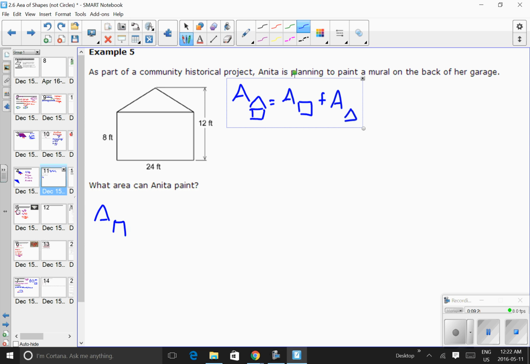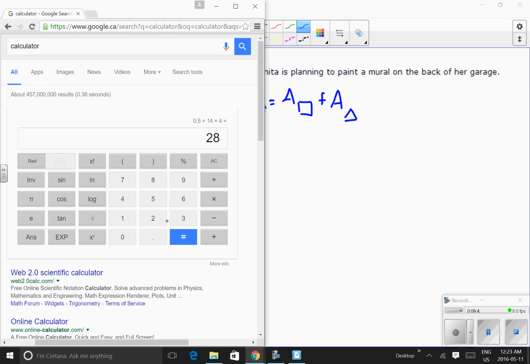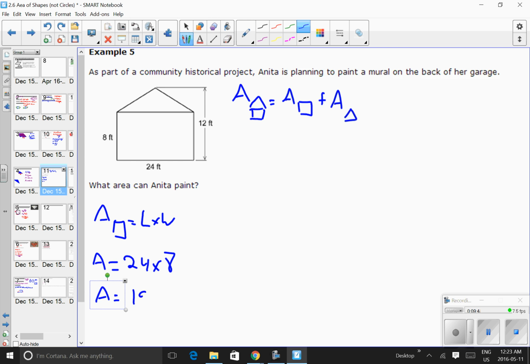The area of a rectangle is just length times width. So that's just going to be 24 times 8. All right, so 24 times 8, 192. All right, we're going to save that for later.